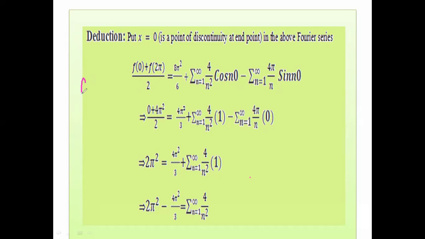F of 0: f of x is equal to x square, substituting x is equal to 0, 0 square is 0. F of 2 pi is equal to 4 pi square.